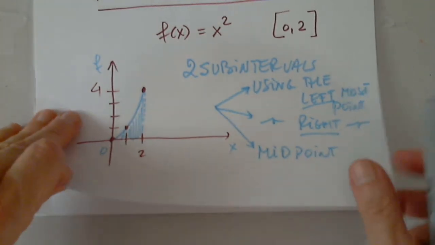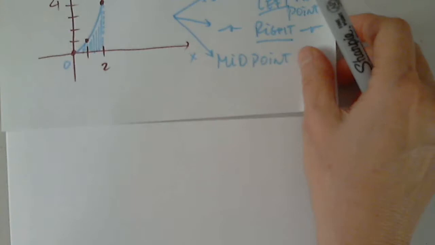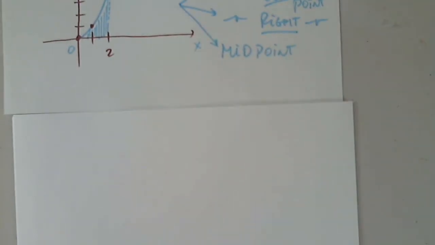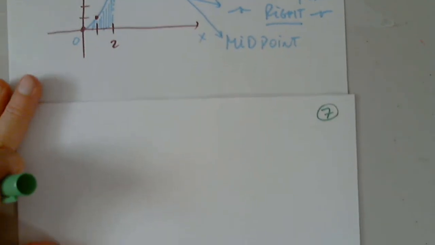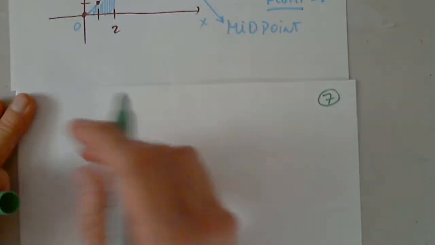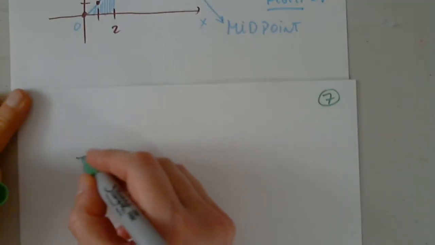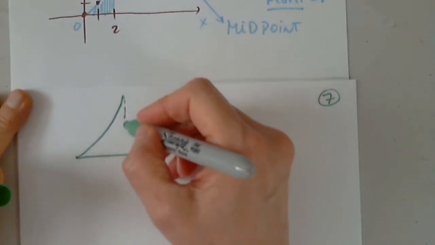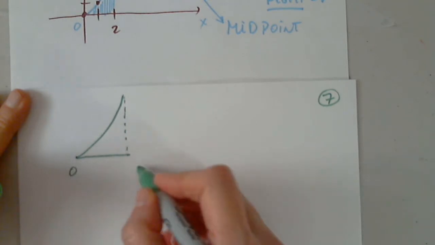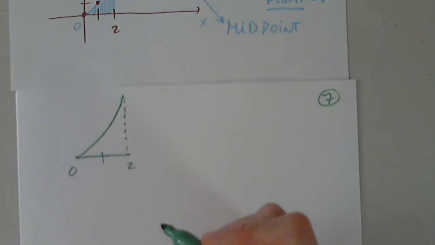Okay, so let's see how this works. Again, I have two subintervals that I'm going to use. I'm going to graph this again, but I'm going to take it out of there to explain what I'm doing. So this is the interval between 0 and 2. I have two subintervals, and I want to use the leftmost point.